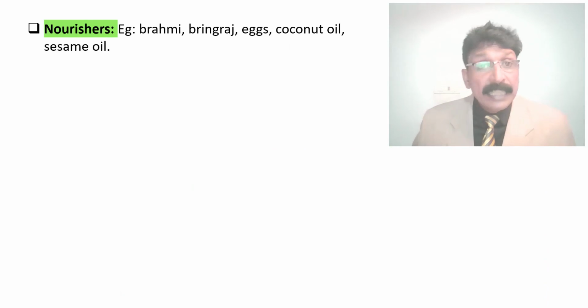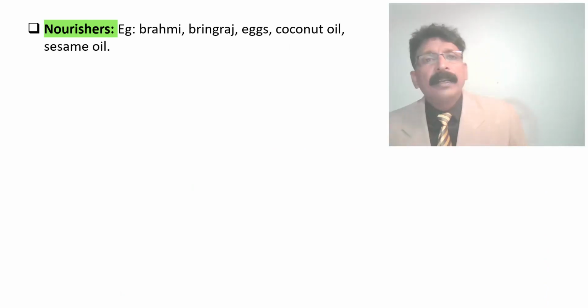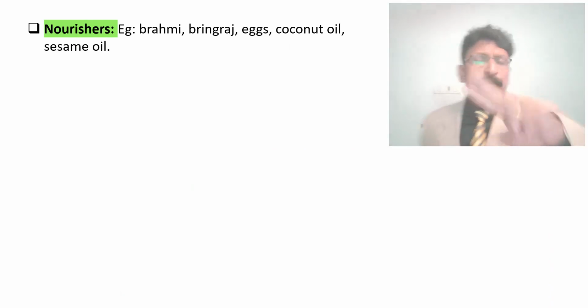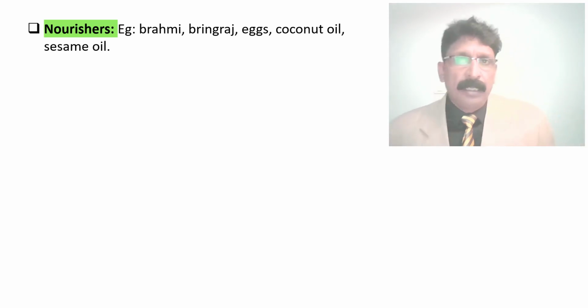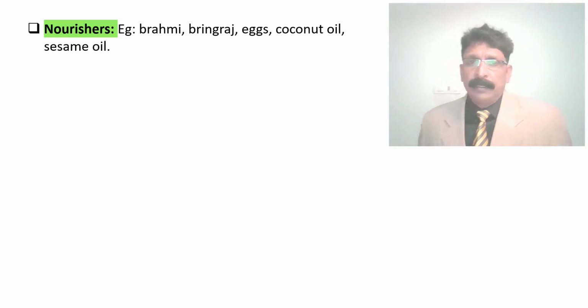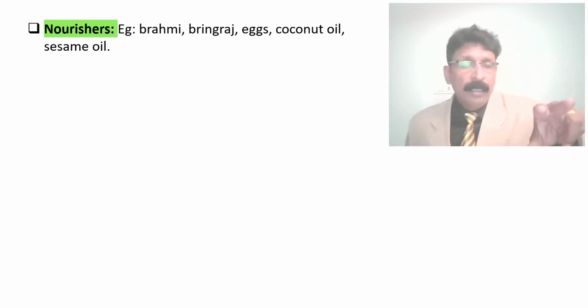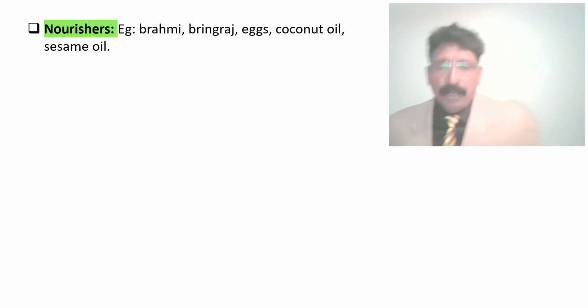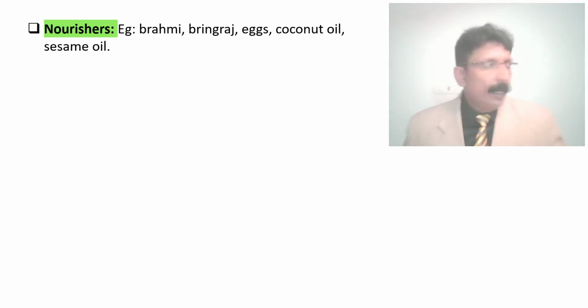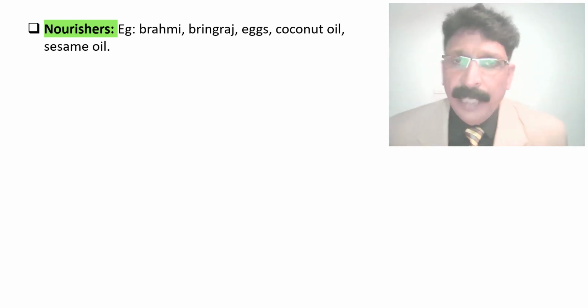Nourishers, for example, Brahmi. Actually there are two types of Brahmi. Centella asiatica, a runner with heart-shaped leaves, which we normally see in our home and side areas.